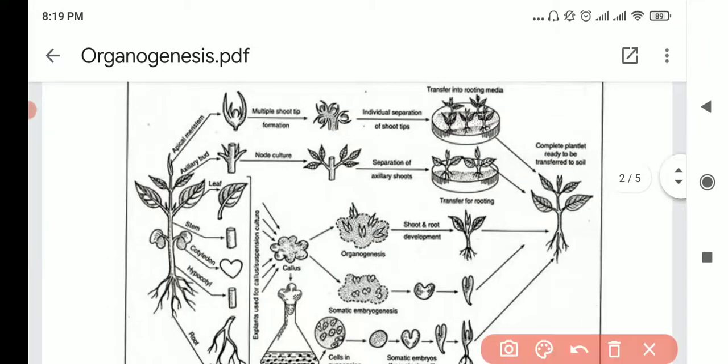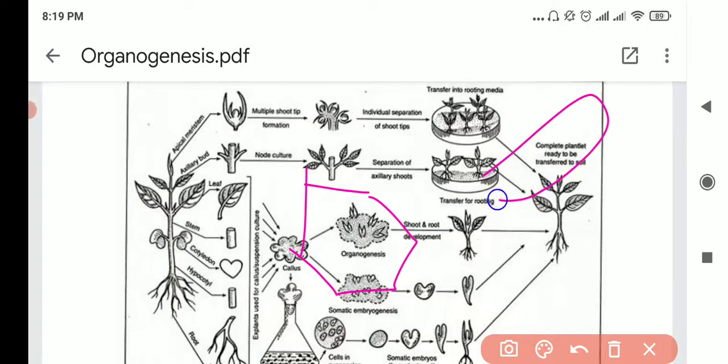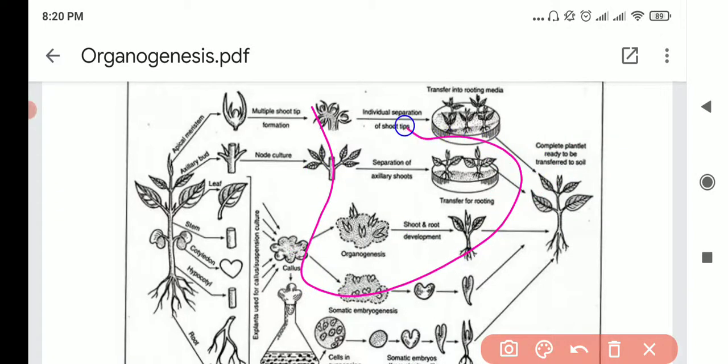You cut one cell. You cannot take a cell and place it in a Petri plate on a solid media because the cell is so tiny. So what you do is, in a conical flask, in a broth.